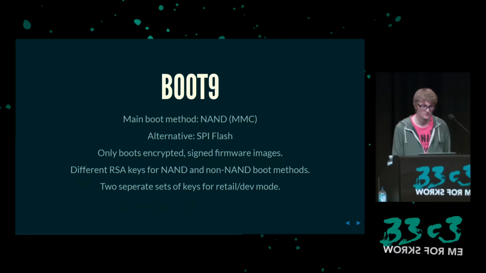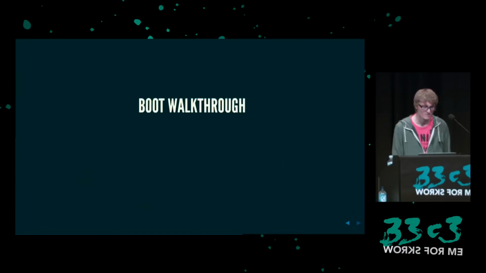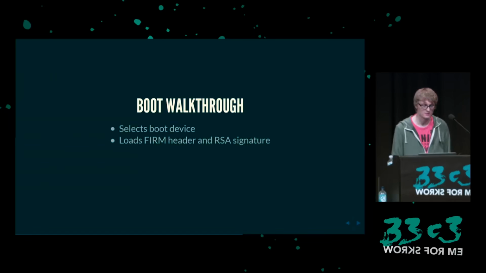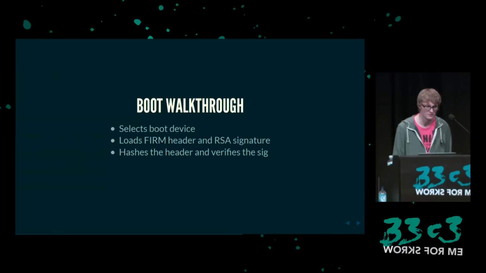So let's do a small boot walkthrough. It's pretty straightforward, actually. The first thing it does is select a boot device, then it loads the firmware header and the RSA signature from it. It's just one block. Then it hashes the header, extracts the hash from the signature and compares it. So basically, basic signature verification, header verification.